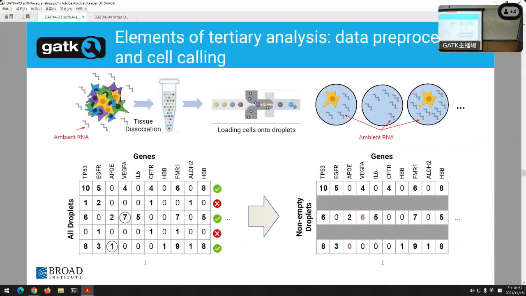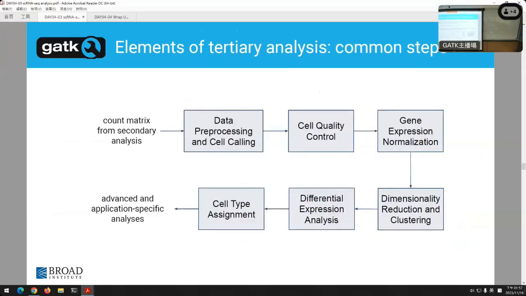So I'm going to go through the steps here, how to go from a count matrix to something much better. Again, on the bottom left, imagine we have a cell matrix, with genes on one dimension and your droplets on the other. What you're doing is counting all the unique reads for each of those genes in each one of those. Just to make sure that makes sense, I'm going to go back a little bit.